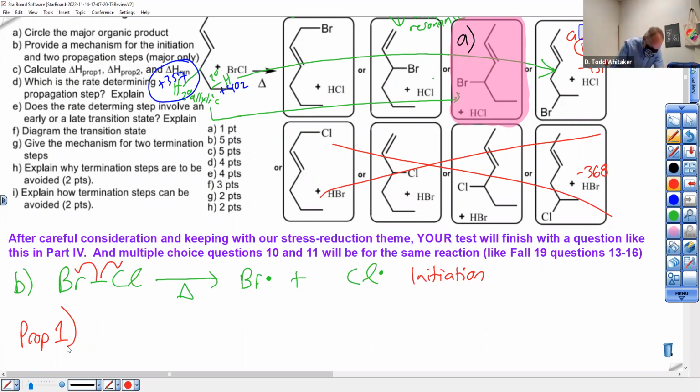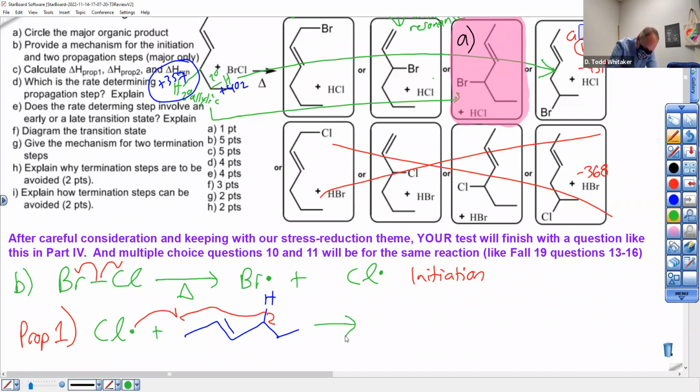Okay? So Cl dot picks up a hydrogen from the secondary allylic position. And we got this molecule here, and this is the secondary allylic position. And they are going to hook up, leaving behind a very stable secondary allylic radical.